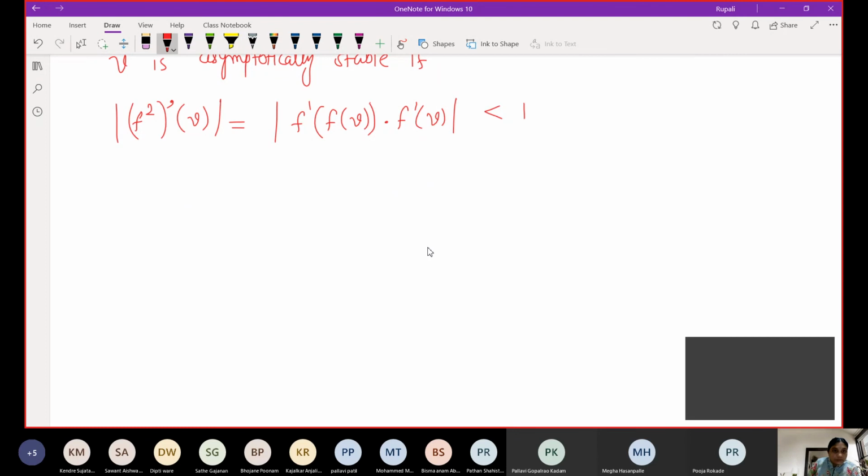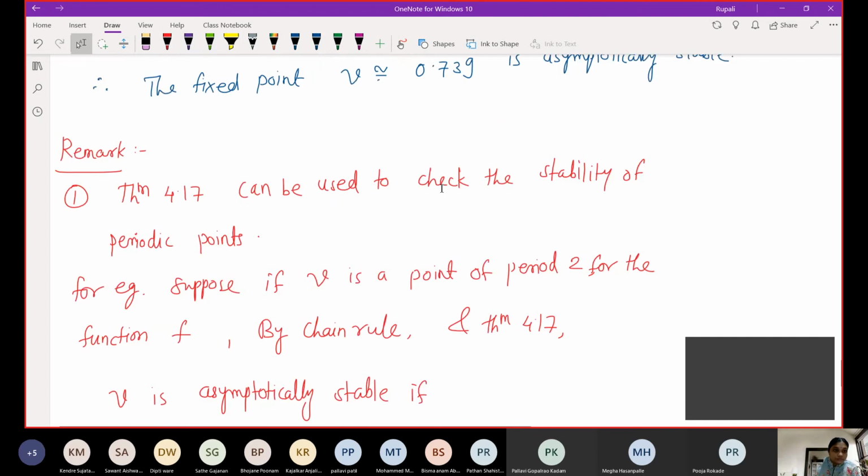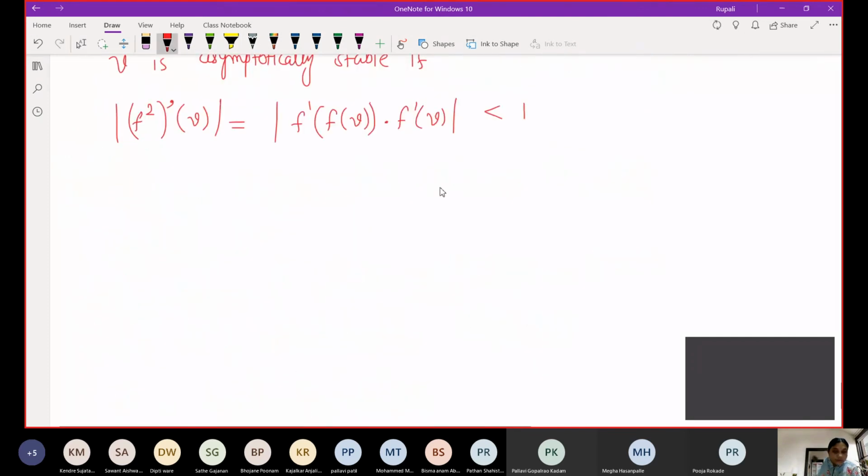And second, this also implies that the periodic point f(v) is asymptotically stable.